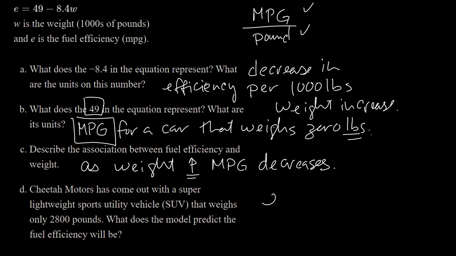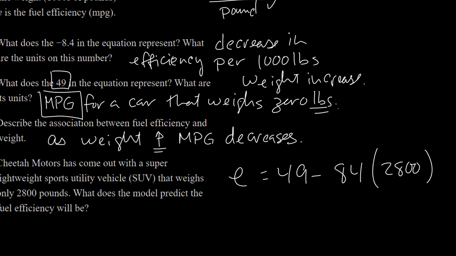So this says efficiency in miles per gallon is the 49 miles per gallon minus 8.4 miles per gallon per pound times a number of pounds. So I'm going to multiply by a number of pounds, and the pounds is 2,800. Dude, this is amazing if you think about it.